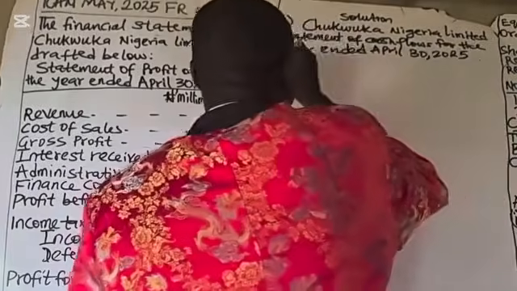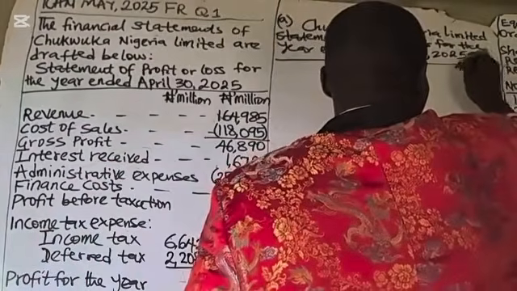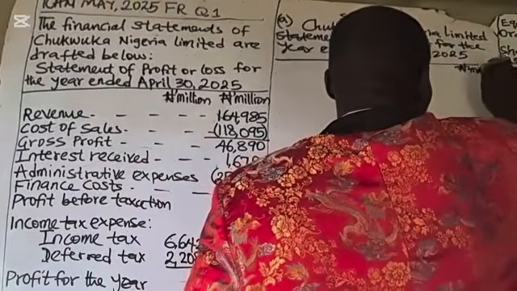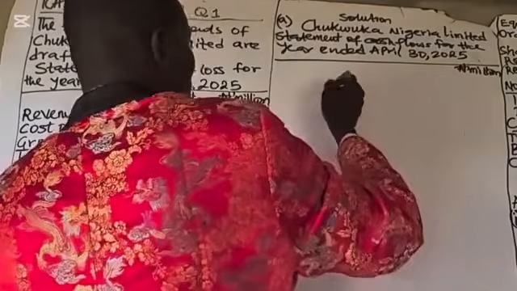You have to use the indirect method. Amount is in million.